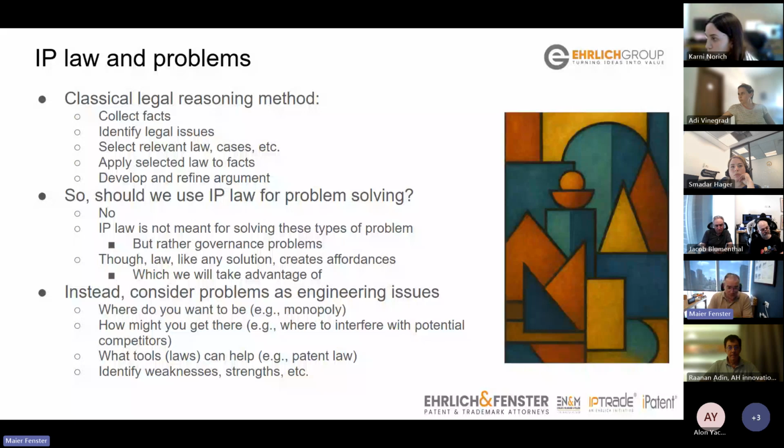For example, where you can roadblock your competitors from providing a matching product. You know what tools; the law is a tool. So we know what laws could help. And then we find weaknesses in what we want to do and strengths where perhaps we can apply the law, maybe by filing a patent.